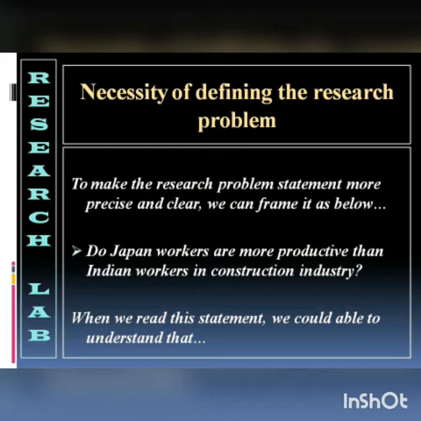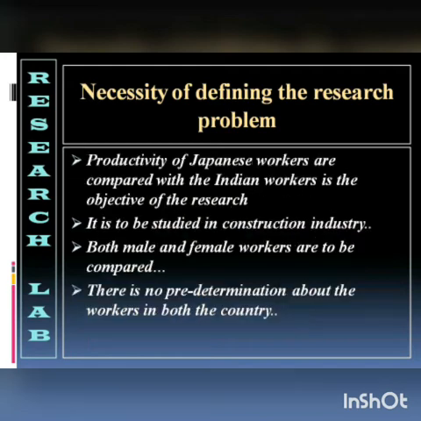Do Japanese workers perform better than Indian workers in the construction industry? In this statement, we do not have any unnecessary questions in our mind, because the statement itself clearly mentions that the Japanese workers' performance is to be measured and compared with the Indian workers, especially in the construction industry.